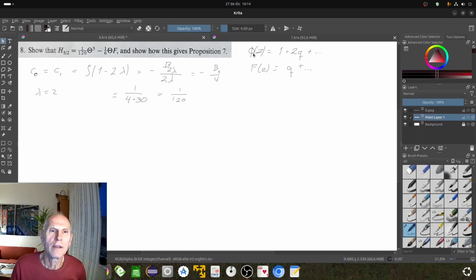Now, that immediately gives the factor to theta to the 5th. Two to the 5th. No, that's, now what is that?